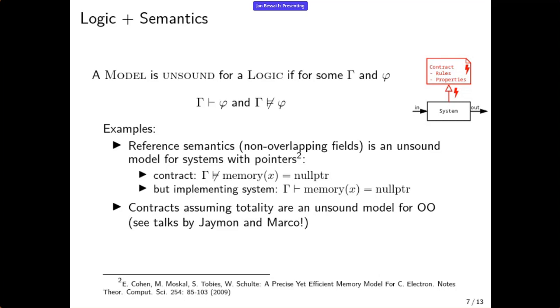Today, we will also see other examples, especially by Jamin and Marco. They will be talking about unsound models for object-oriented languages. These mainly have to do with the property that the models we commonly use in OO verification don't properly deal with termination analysis.